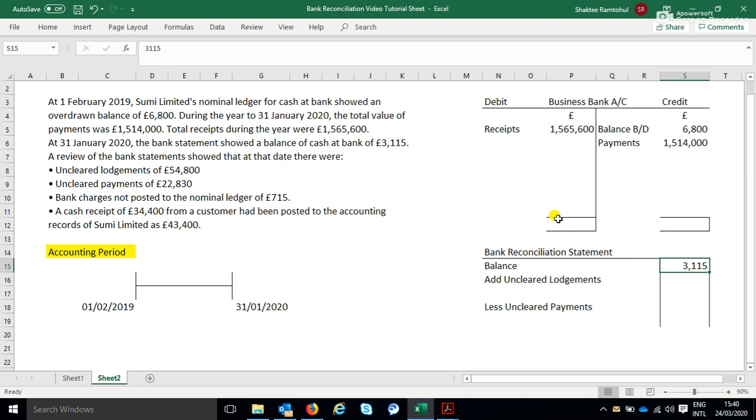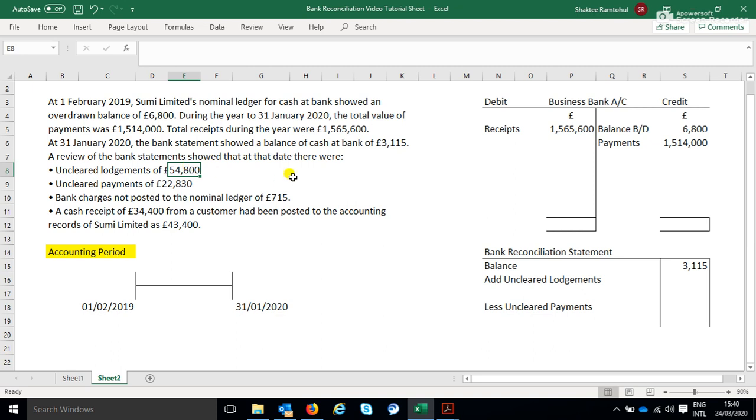Let's move on. A review of the bank statements showed that at that date there were uncleared lodgements. Now, what exactly are uncleared lodgements? It simply means that going back to our business bank account, that receipts figure includes 54,800.